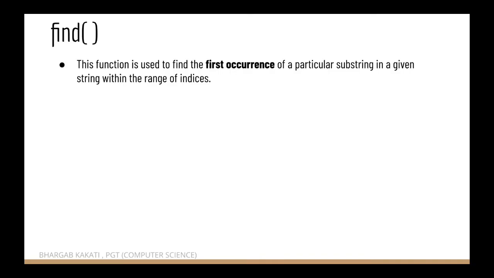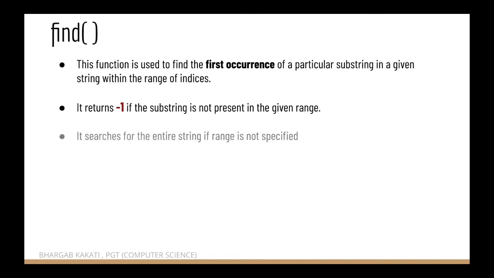It will be clear as we go to further examples. It returns -1 if the substring is not present in the given range. If within a particular range a substring is not found, then it will return -1. It searches for the entire string if the range is not specified.